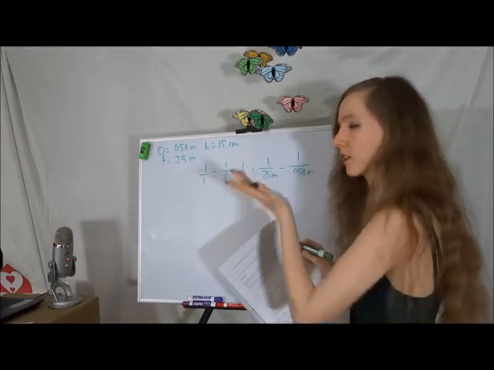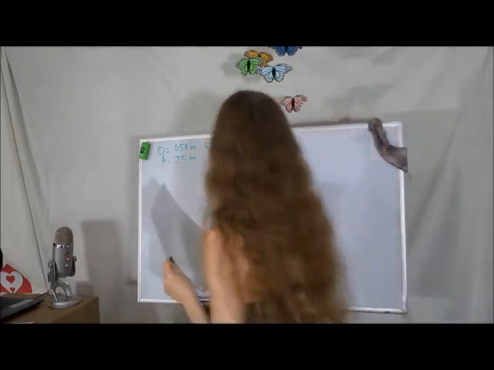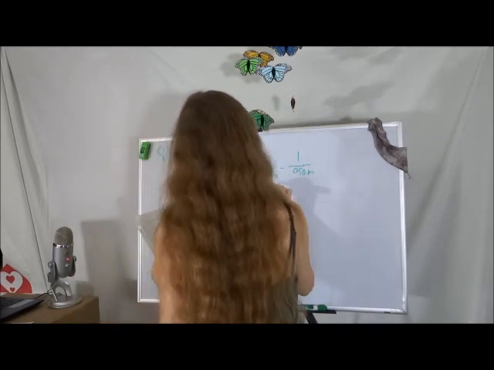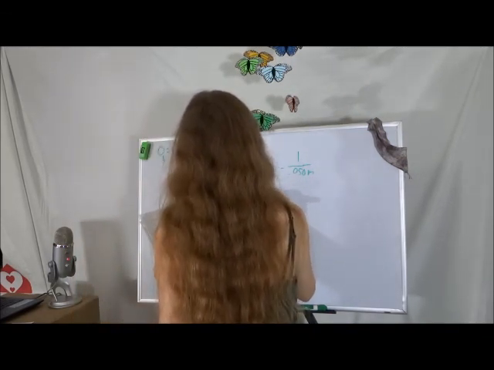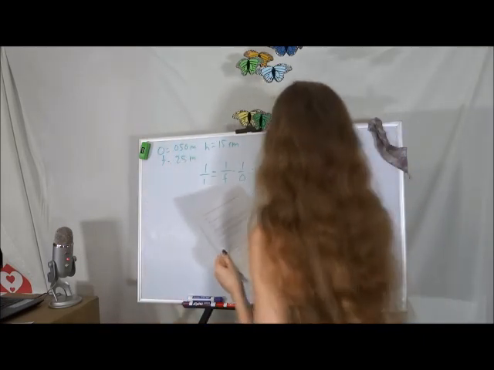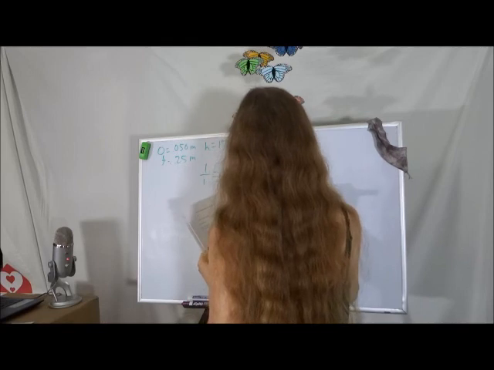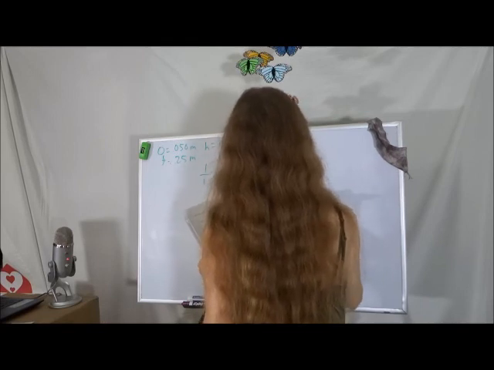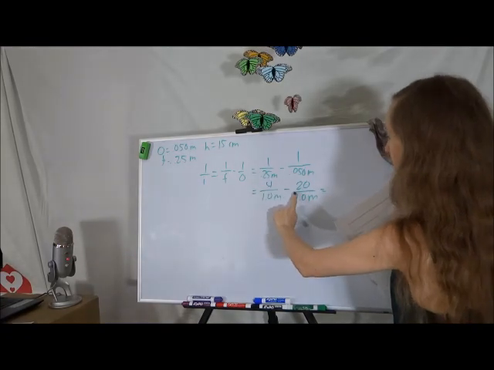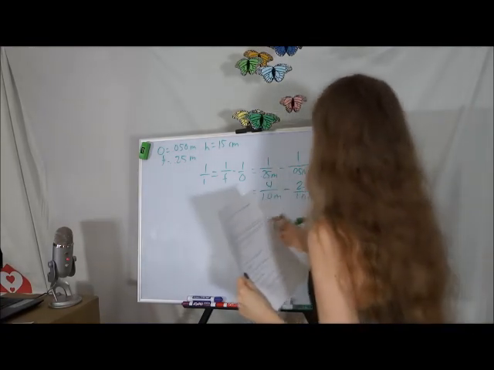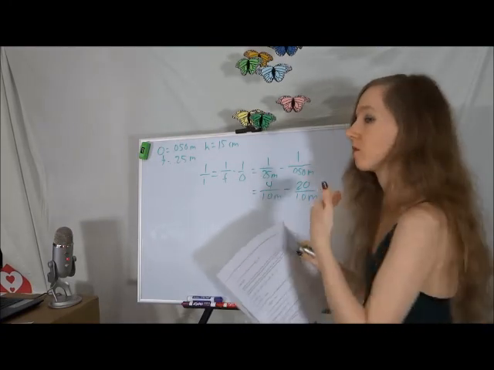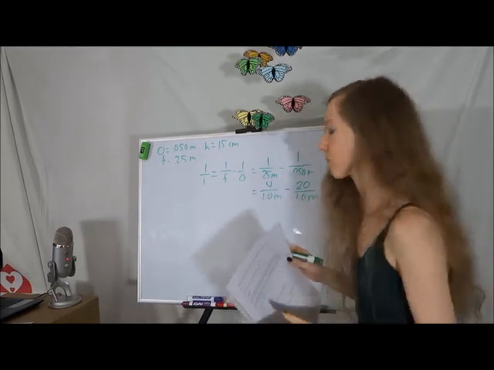We're going to go ahead and find a common denominator. I'm just going to use 1 as a common denominator because that's nice and easy. So this is going to be the same thing as 4 over 1 meter minus 20 over 1 meter. And you can see that this is going to be negative this time around because the second term is bigger. That makes sense, because we just said that the image distance should be negative if we're inside our focal length for a converging lens.